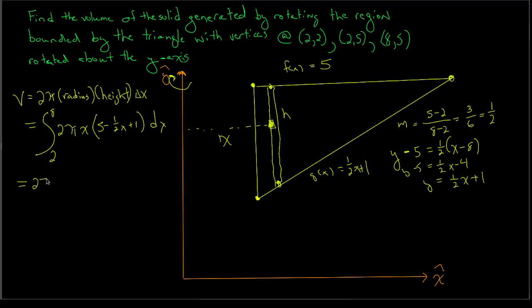We'll bring the 2 pi outside. We'll integrate from 2 to 8. I'm going to do some simplification here. So 5 and 1 is 6. Oh, wait. Let me put this as minus in brackets. So it's 5 minus 1, that's going to be 4, times the x, because the x is coming through. And then 5 minus 1/2 x.